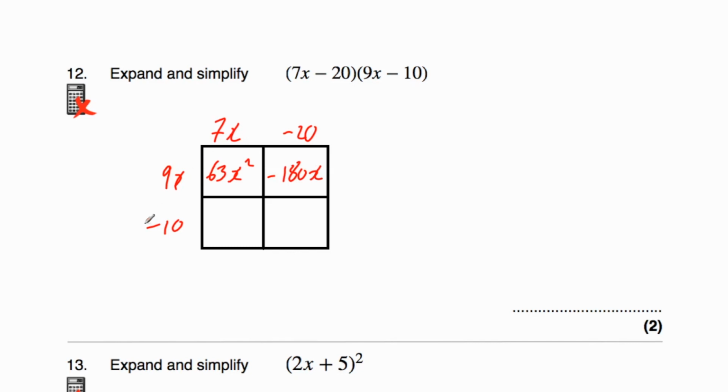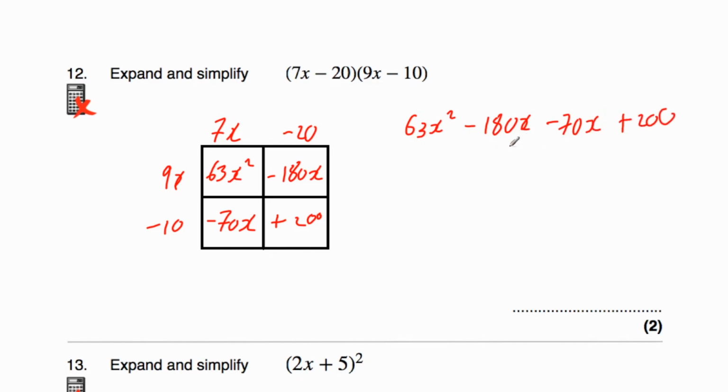Now we've got 7x times minus 10, so well, positive times a negative is a negative, 7 times 10 is 70x. And then finally, negative 20 times negative 10, well, negative times a negative is a positive, and 20 times 10 is 200. So that means we would have 63x squared minus 180x minus 70x plus 200.